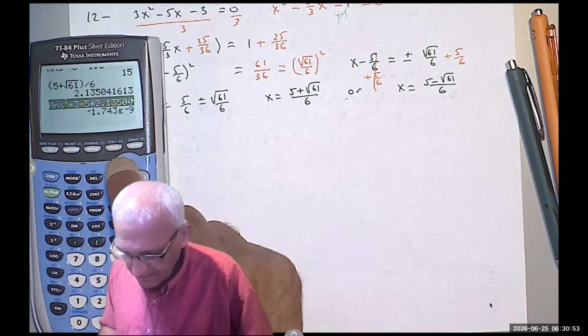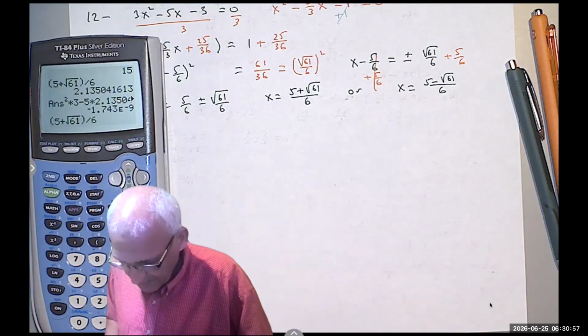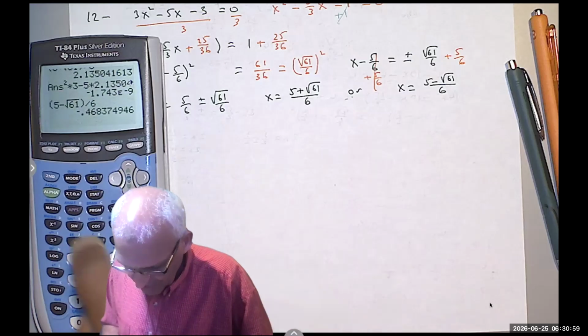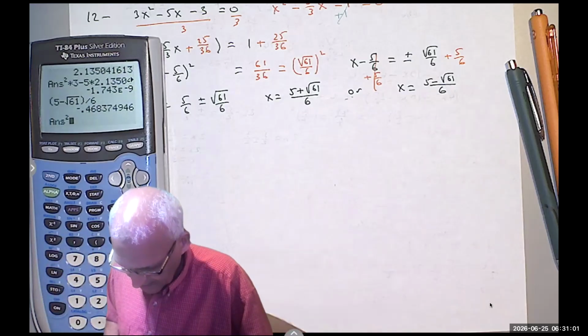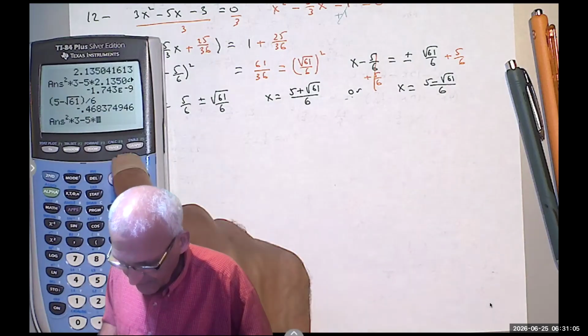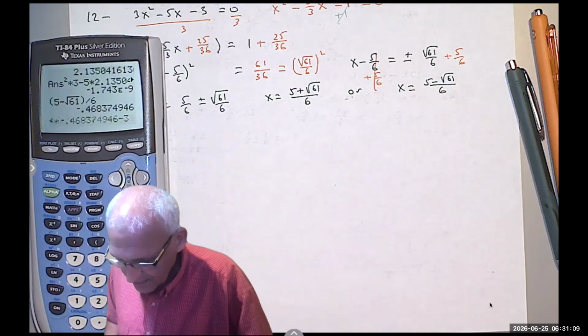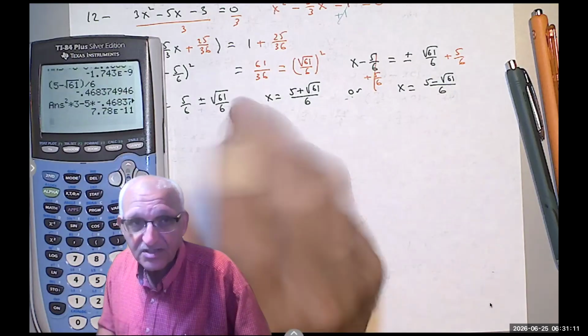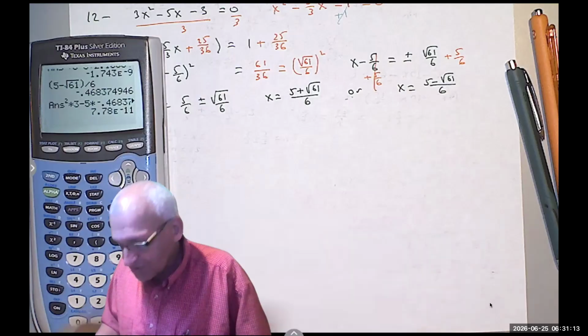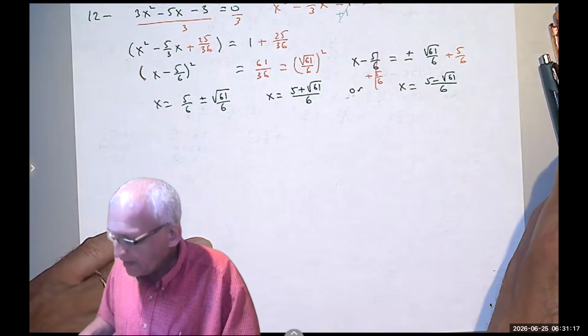I go back and make that a negative instead of positive and repeat. So I'm going to square and multiply by 3, then subtract 5 times that, then subtract 3. And I get 7 times e to the negative 11, which is 0. So I know it's correct.